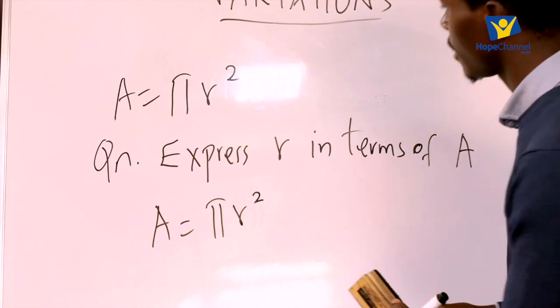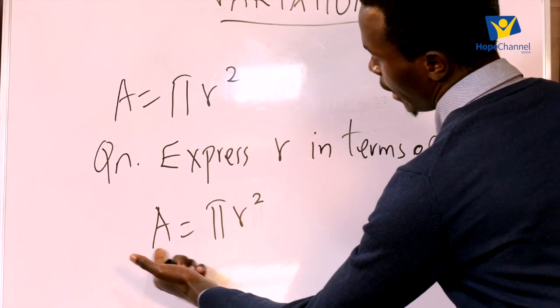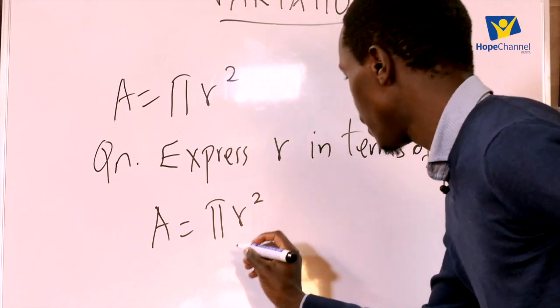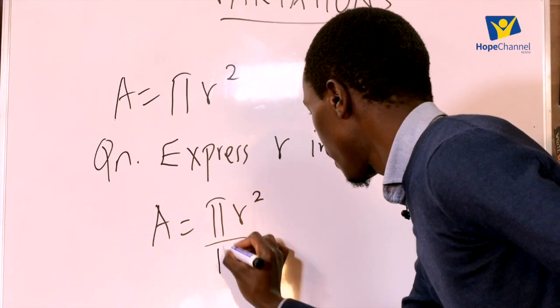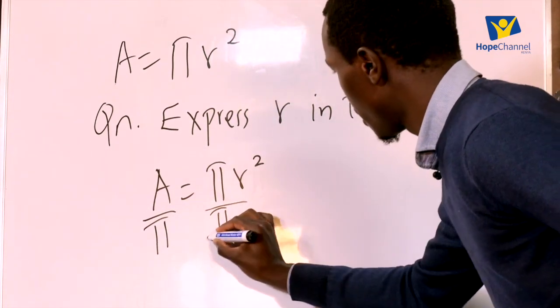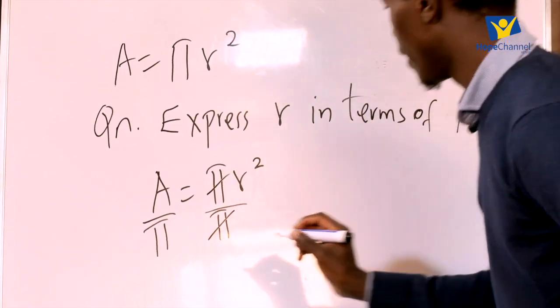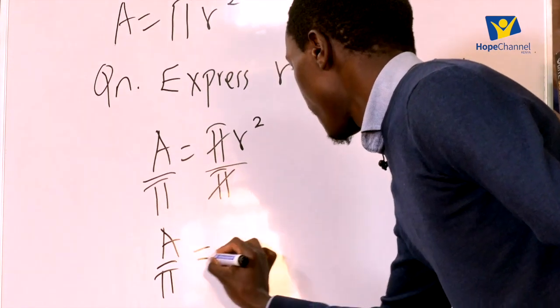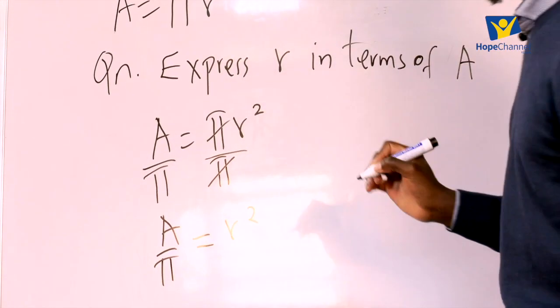So we want to make a to be the rule while r to be the subject. So the first thing is divide by pi both sides. So by dividing and cancelling, we have a over pi being equal to r squared.